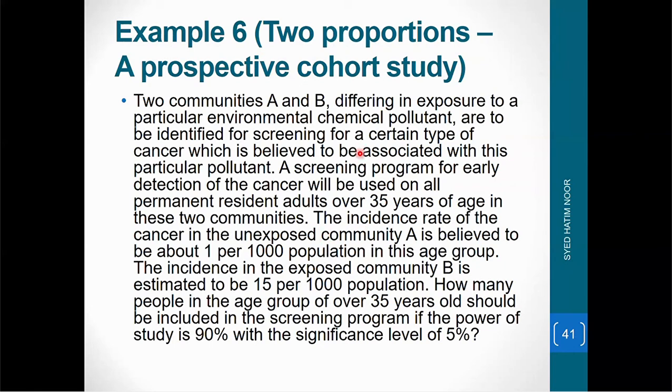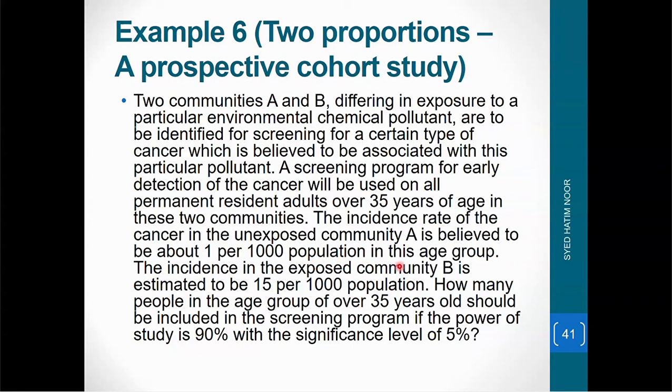Basically, we are looking at the incidence rate between two communities. The incidence rate in unexposed community A is 1 per 1,000 population.